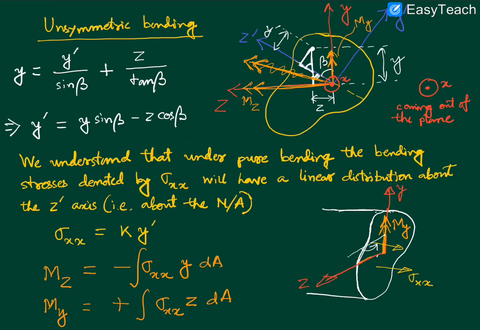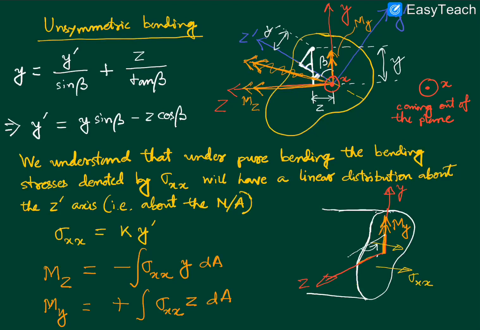So this was our fairly complicated diagram, and you can see that we have the y-axis here, and this yellow colored dashed line, which was superimposed by the purple colored z dash axis, that was our neutral axis. And you see that the angle that this neutral axis makes with the y-axis, that is denoted by this beta.